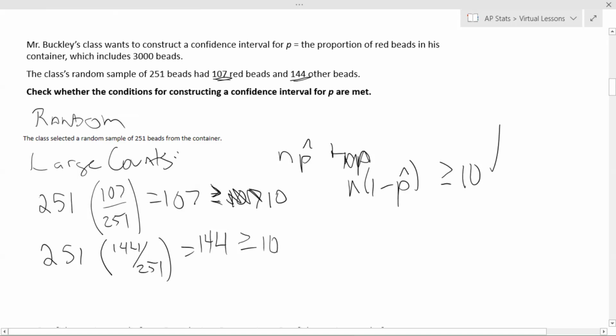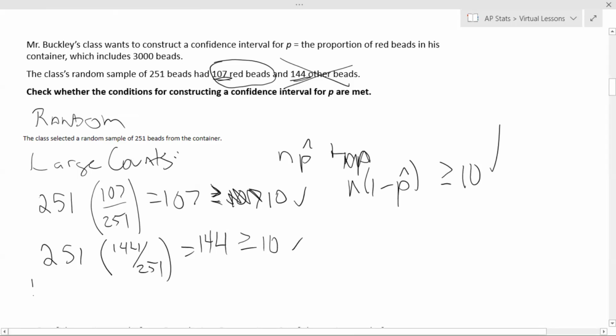Sometimes in a question, they may give you that they selected 107 red beads, and they may not specifically state that you have 144 other beads, but with some simple math of just subtracting, you can figure that out. So both of those are greater than 10.